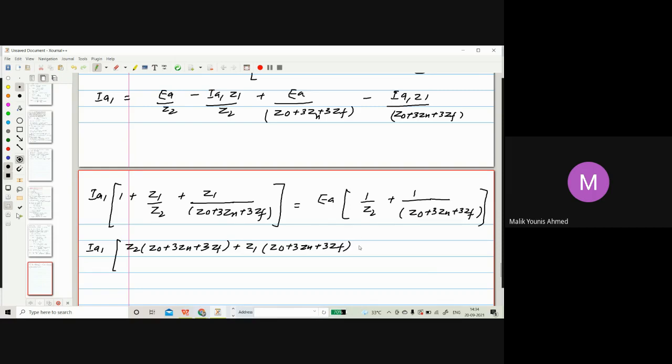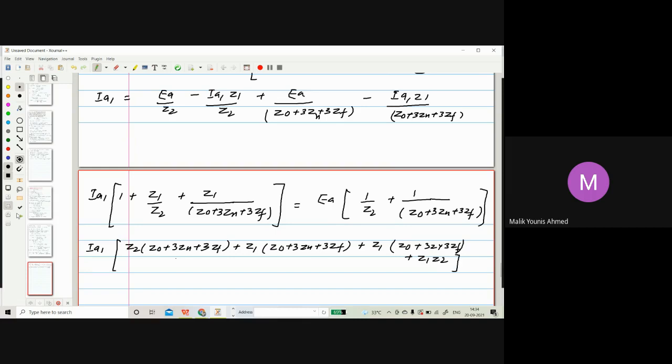And then again this complete term will be multiplied, so Z1 will be multiplied by Z0 plus 3Zn plus 3Zf, plus Z1 Z2. This is the last term which we'll be getting in the simplification.